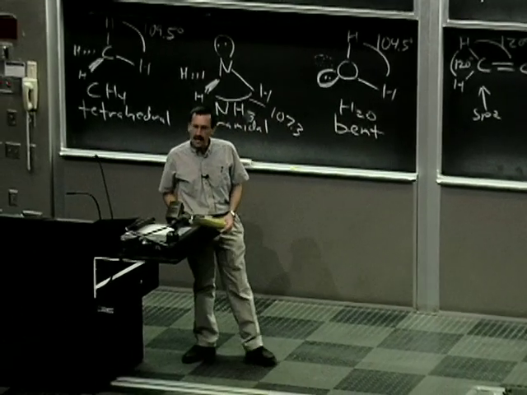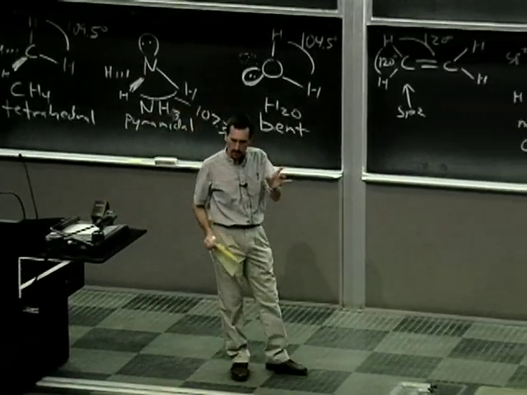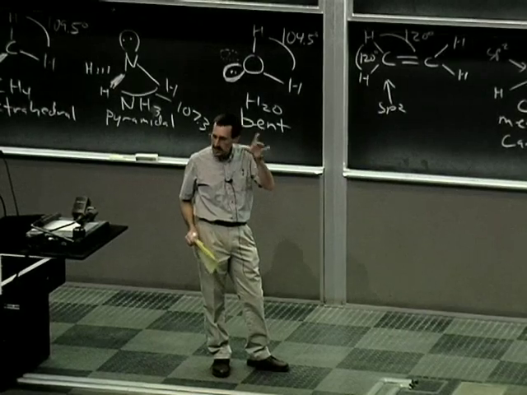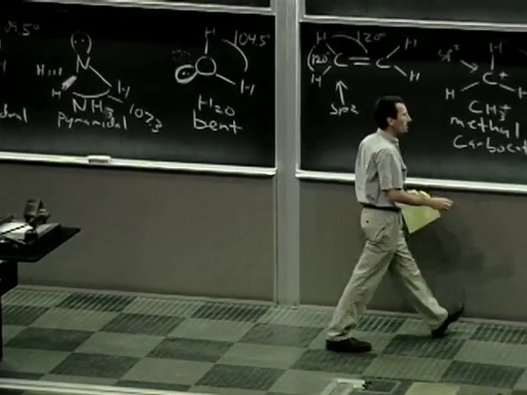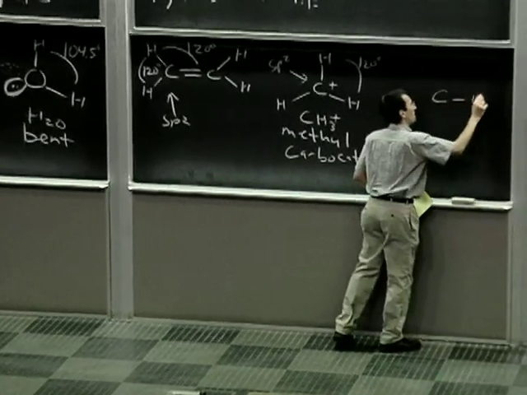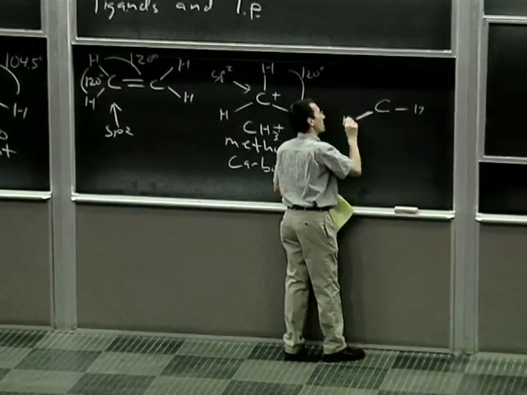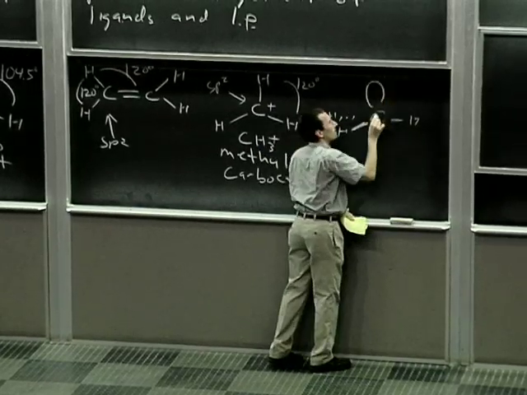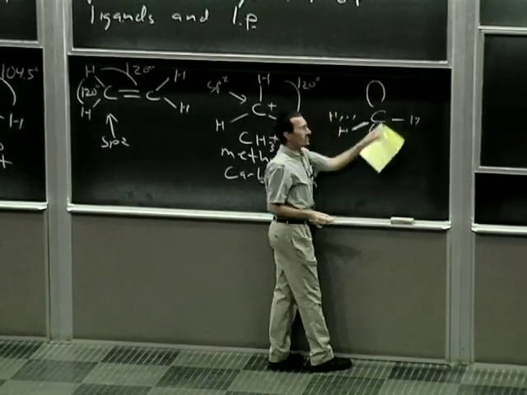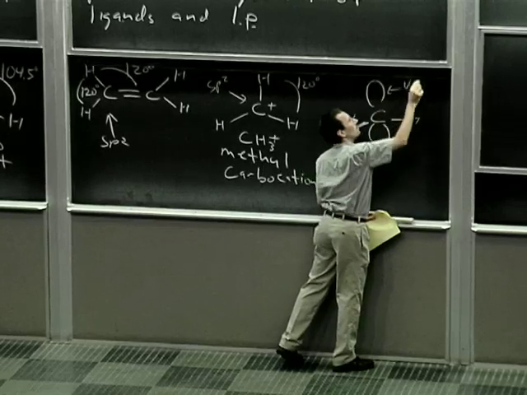The methyl carbocation has a vacant p orbital, meaning that it has a p orbital with no electrons in it. That p orbital is orthogonal to the plane, so I'm now drawing the methyl carbocation like so. And here's our vacant p orbital.